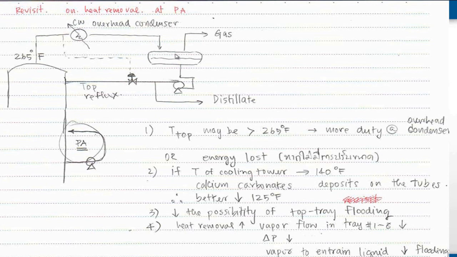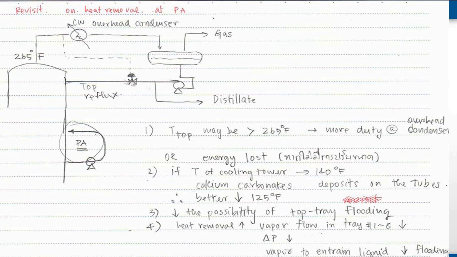And if more vapor shows up here, after the condensation it will be a lot of liquid product on the top tray, which may cause flooding in the top zone here. Consequently, the fourth benefit of using pump around is that flooding will build up the pressure drop.